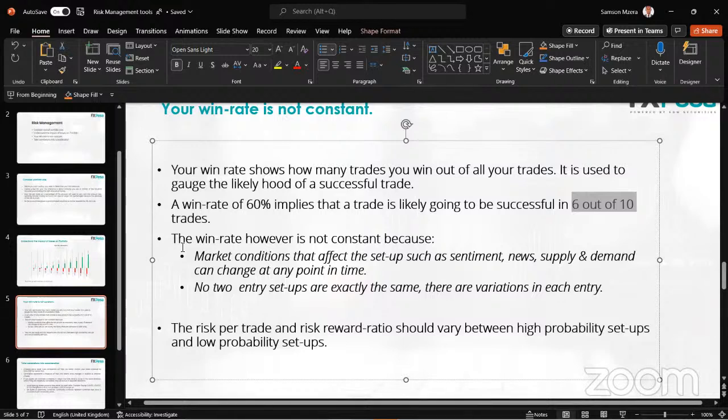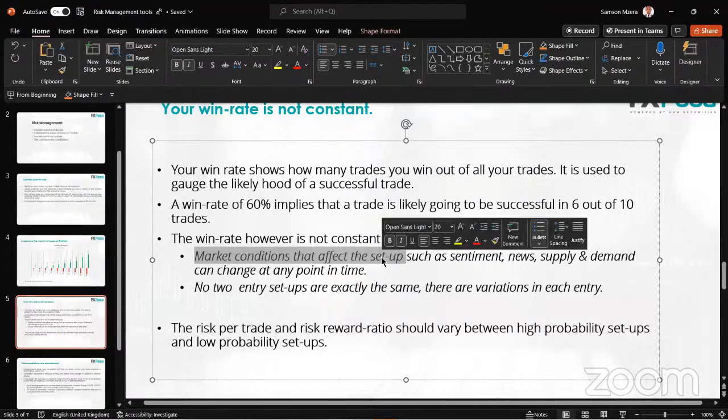But it's important to know that there's a very big assumption that people usually make, which is assuming the probability of being right on each trade is the same. It's generally not. The win rate is not constant. One of the reasons is that market conditions can affect the setup.